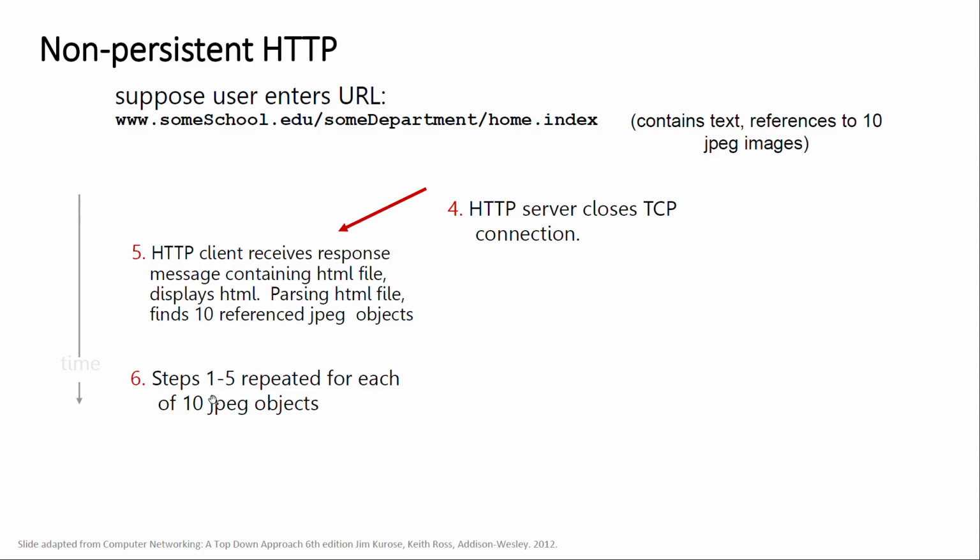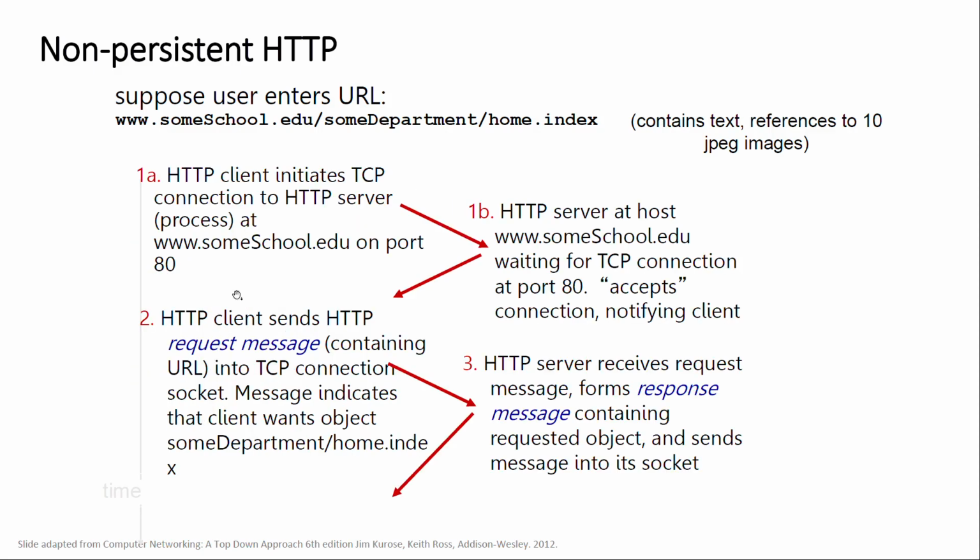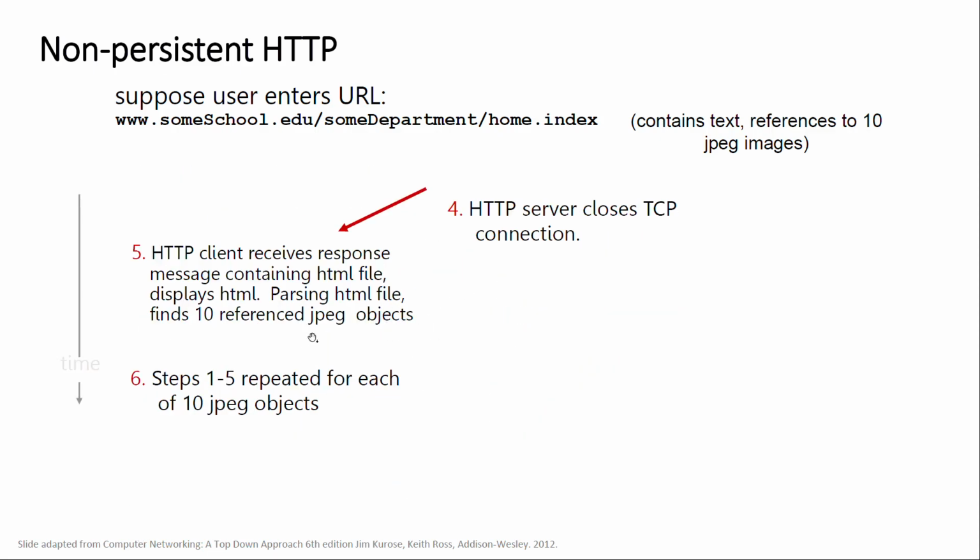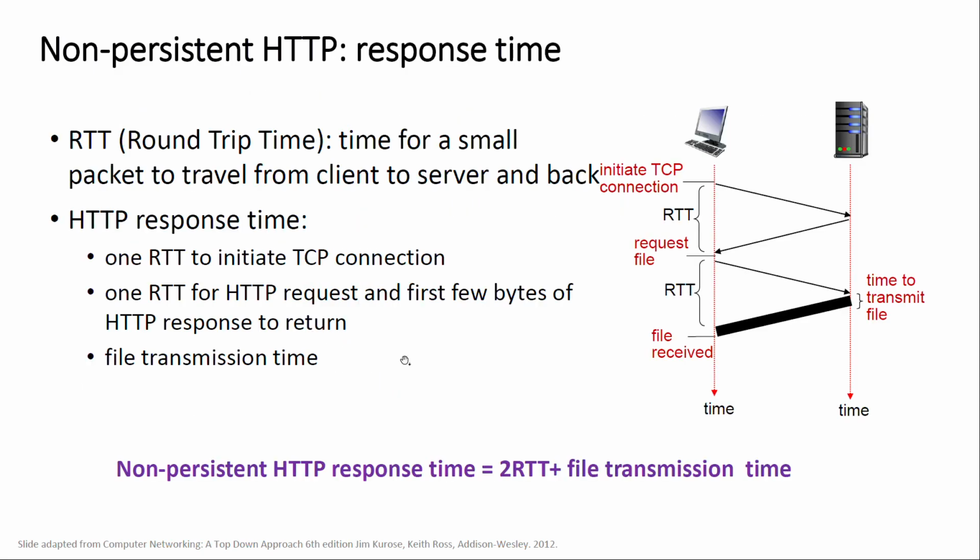So what you do is go back to step 1 and repeat it until this step for each of the 10 JPEG images. So you have to reconnect to the server. You have to reinitiate the TCP connection 10 more times. So just for this web page, you have to do 11 TCP connections.